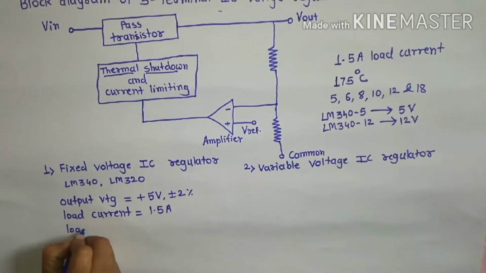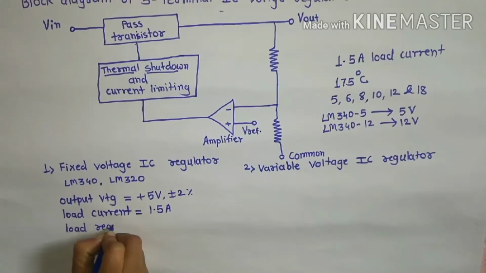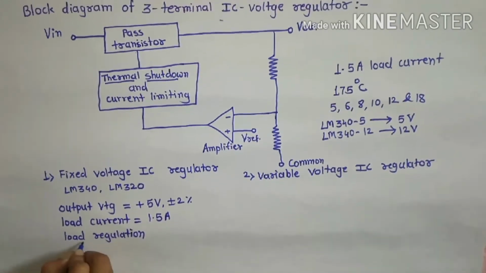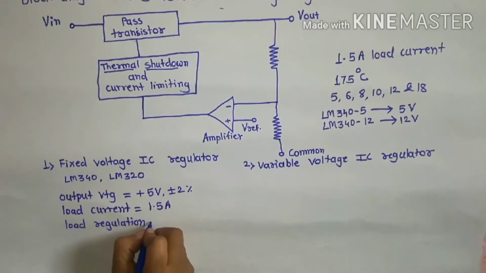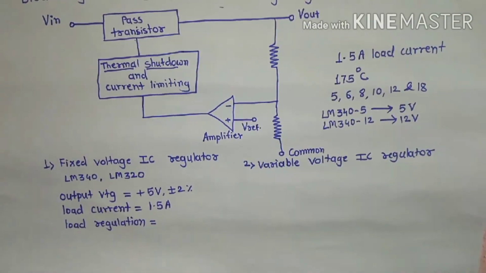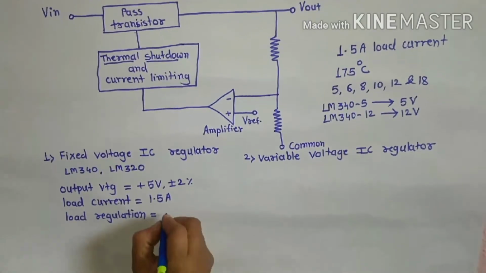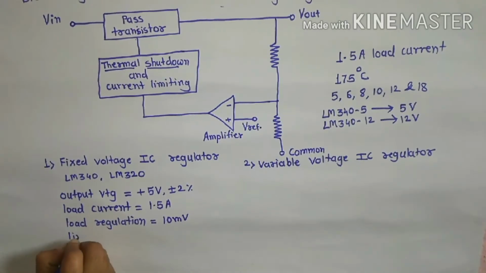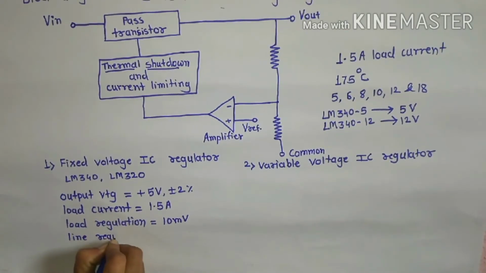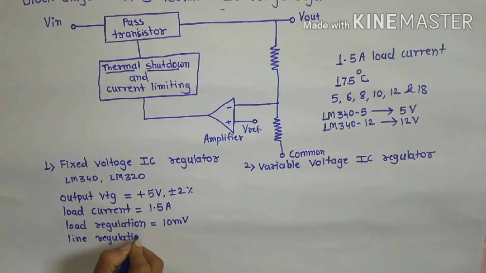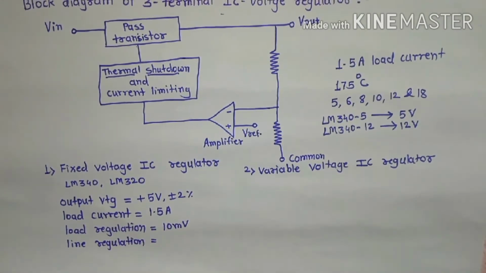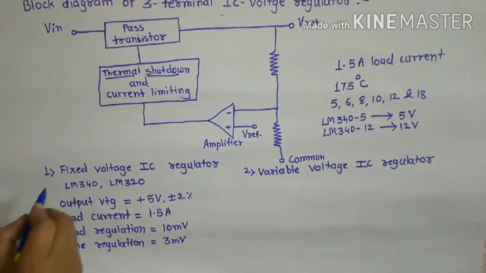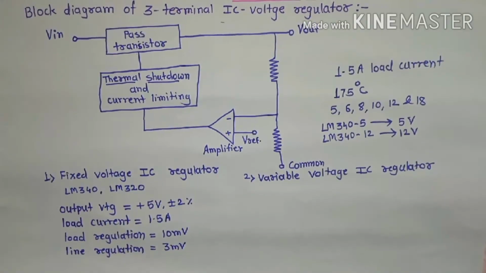The load regulation, as we studied in the last lectures, means that even if there are changes in the load, the output should be constant. The load regulation is about 10 millivolt, and the line regulation for the fixed voltage regulator is 3 millivolt.